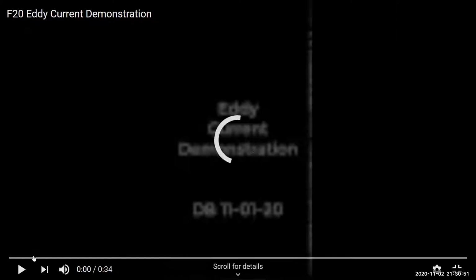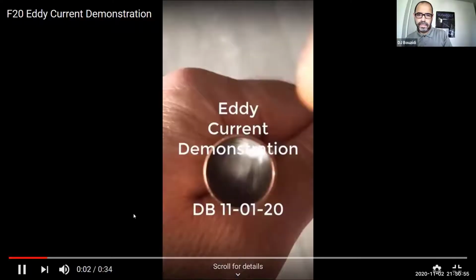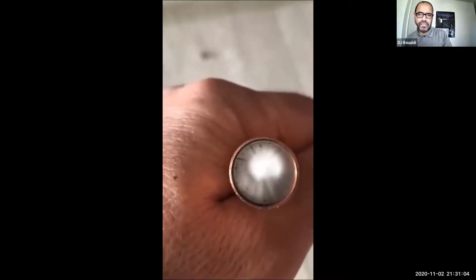Yes. Okay, so this is basically the demonstration. This is now the metal. It immediately goes through because of the gravity. Now this is a magnet. Look at it, it's going to slow down.